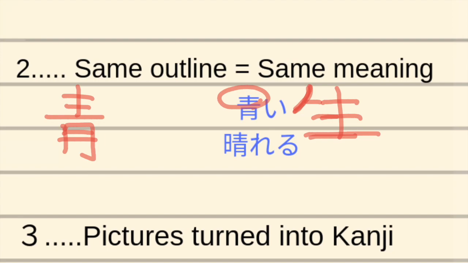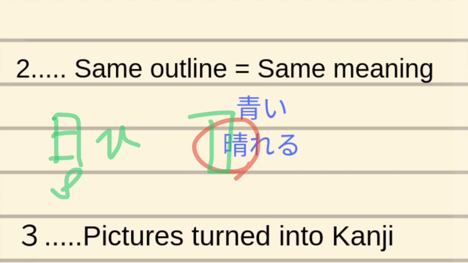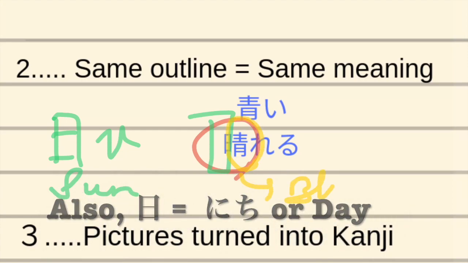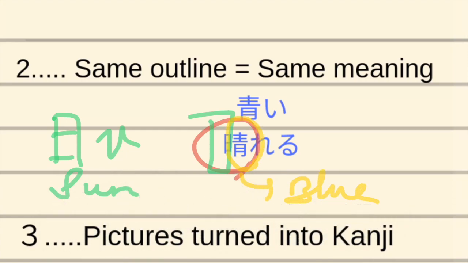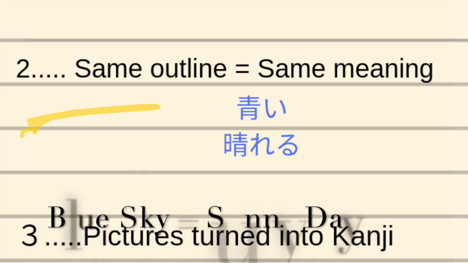Now let's move on to the second one. Here the first part represents the sun, or hi, and as we know the other portion represents blue. So if we consider a day as sunny, then the sky is blue, right, and the sun is up above shining very bright.